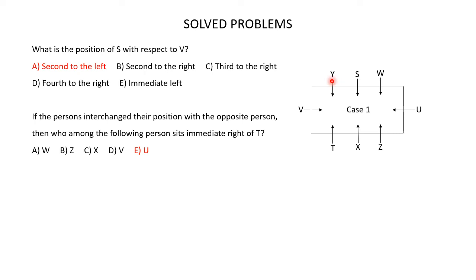So the person sitting to the immediate right of T will be this person. Since U and V have interchanged their positions, this position is now occupied by U. So the person who sits to the right of T is U. So the correct answer is option E, U.